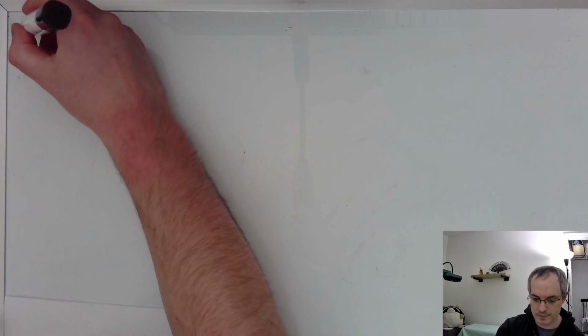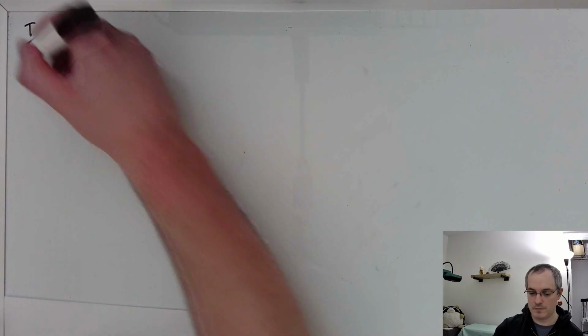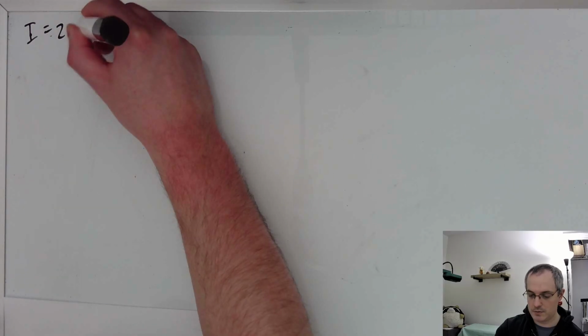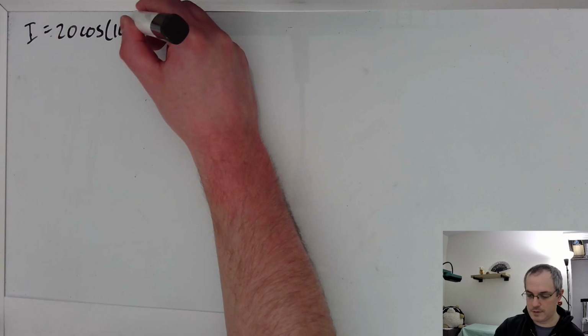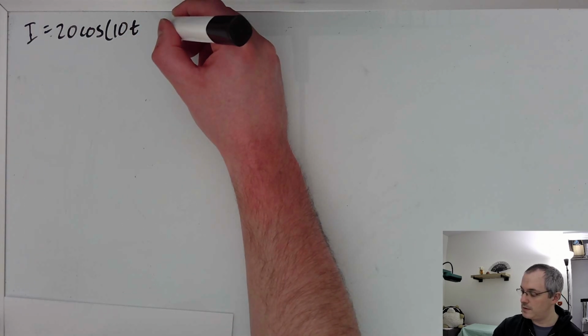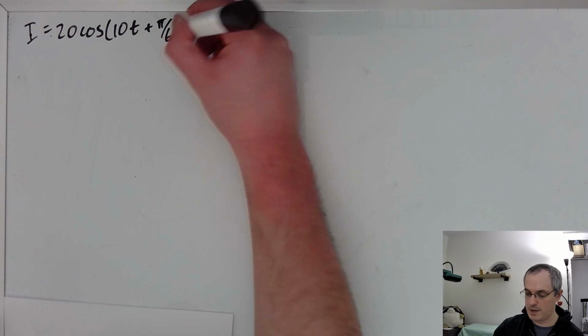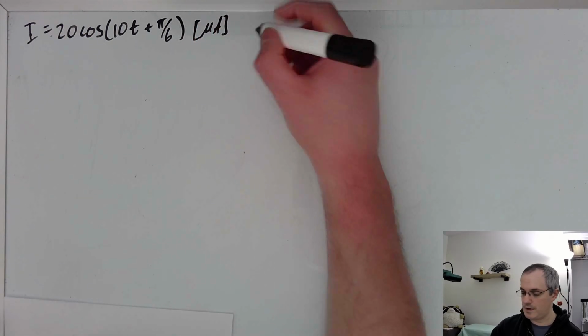Okay, so now let's do part C. So here, I is equal to 20 cosine of 10t plus pi by 6, and that's in good old microamps.